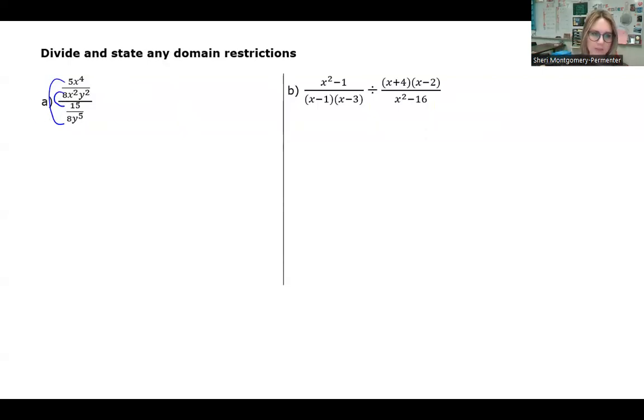But keep, change, flip is very similar. So we will keep the first fraction the same. We will change to multiply and we will flip the second fraction.